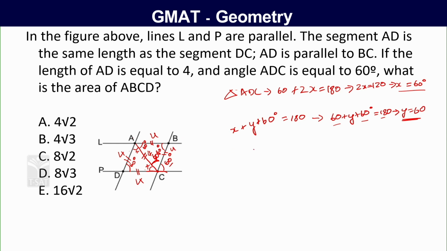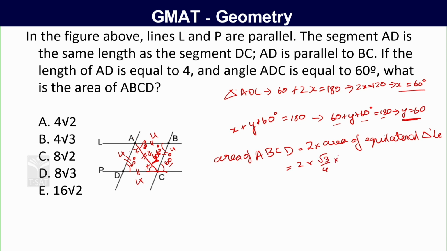So the area of the parallelogram ABCD is nothing but 2 into the area of each of these equilateral triangles. They are both equilateral triangles of side 4. And we know the formula for the area of an equilateral triangle, that is √3/4 into side squared.